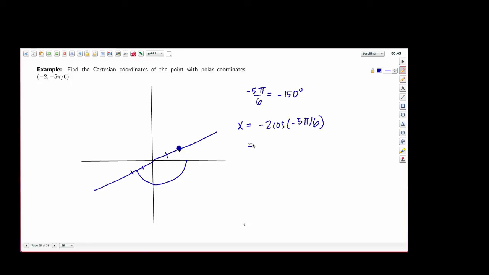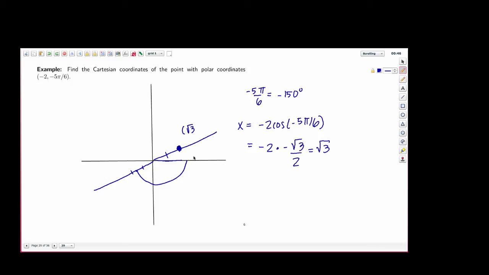So what do we get when we do cosine of -5 pi over 6? Again, you want to remember your unit circle. The cosine of -5 pi over 6 is negative root 3 over 2. So we get -2 times negative root 3 over 2, which just becomes the square root of 3. So our x-coordinate is root 3, so we're going to be over root 3.